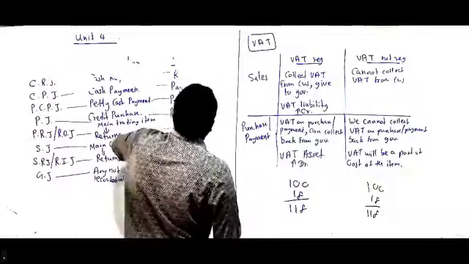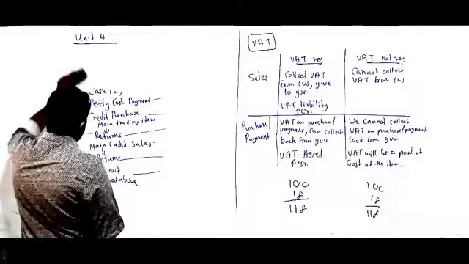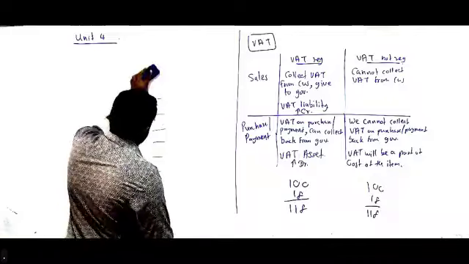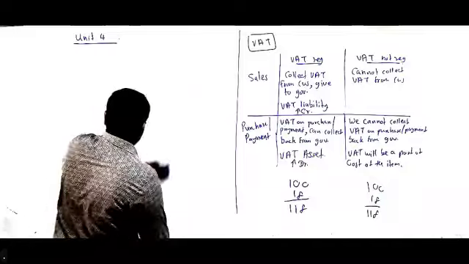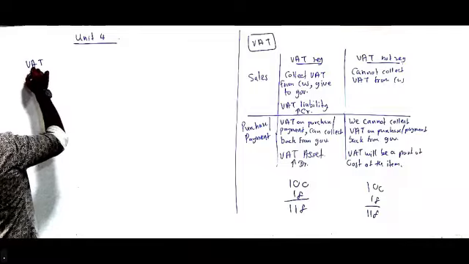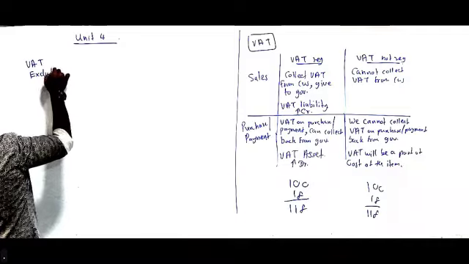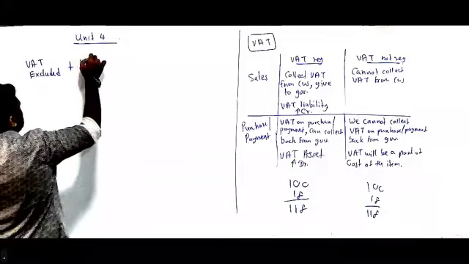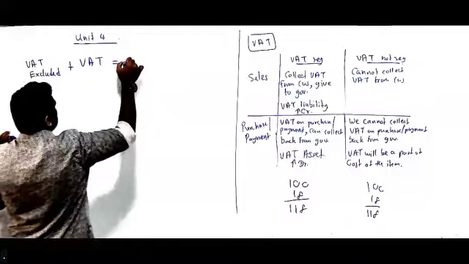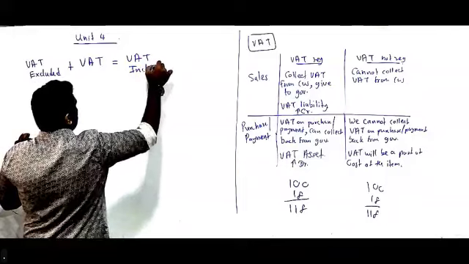So in your exam, you will get figures that are VAT including and VAT excluding. VAT excluded means not yet included. VAT excluded plus the VAT amount is equal to VAT included.